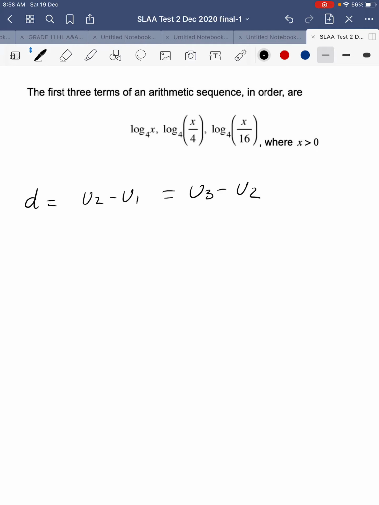So I haven't even read the question, but for sure it's going to be asking us about d. So let's do the first idea here. Log to the base 4 of x over 4 minus log to the base 4 of x. Now we do a log rule.